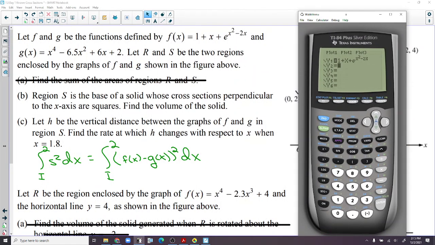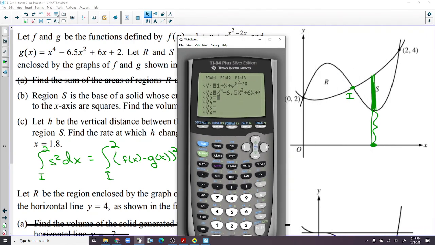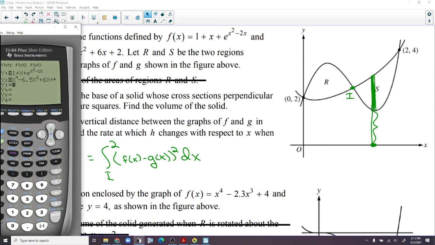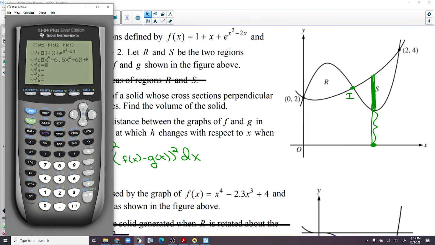Let's grab over here. X to the 4th minus 6.5 x squared plus 6x plus 2. If we look at, oh, that's too small. There we go.